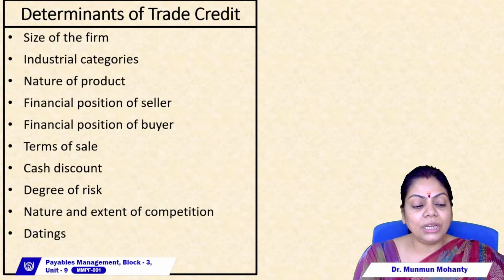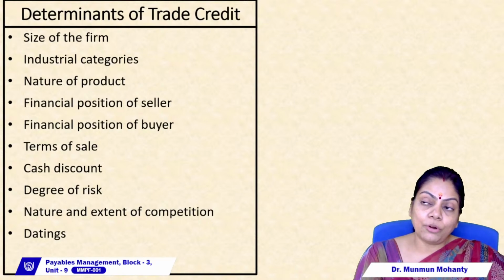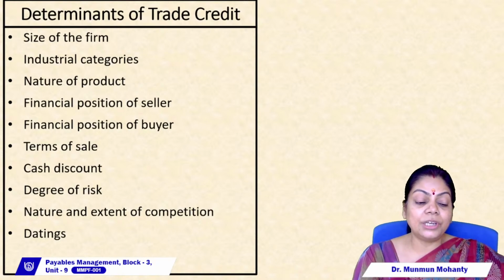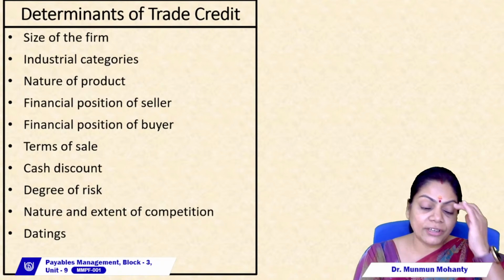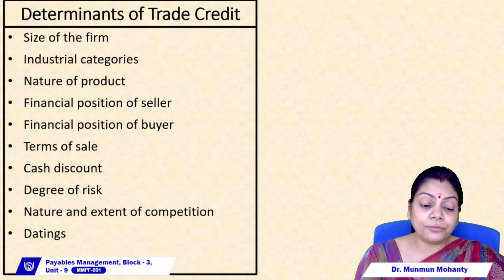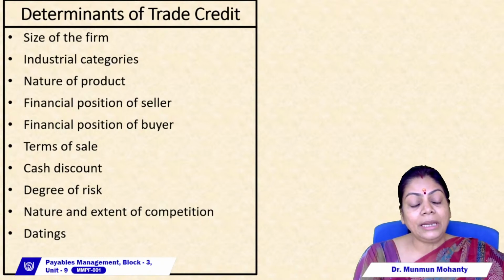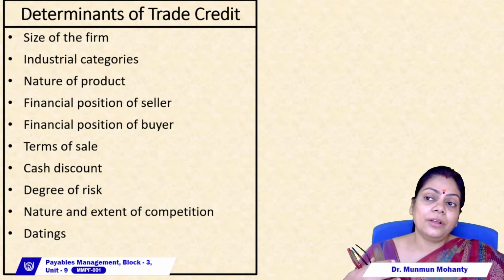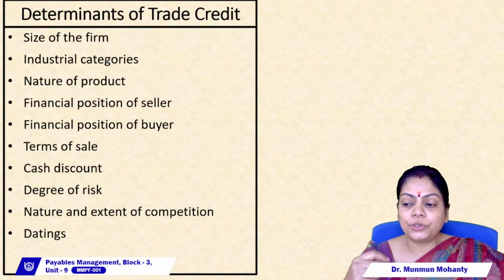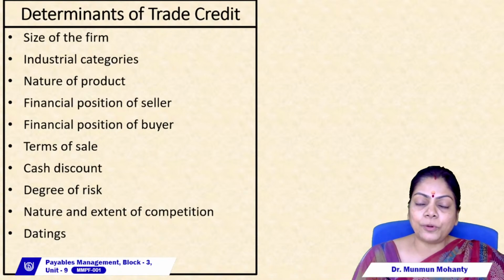You can talk about the nature and extent of your competition. The monopoly, as we were just discussing: if you are dealing from a monopoly status, it will facilitate the imposition of tight credit terms, whereas intense competition will promote the tendency to liberalize credit. Suppose you are the supplier and you are in a monopoly position, you can always say that I'll only sell on cash, because you have a monopoly position.